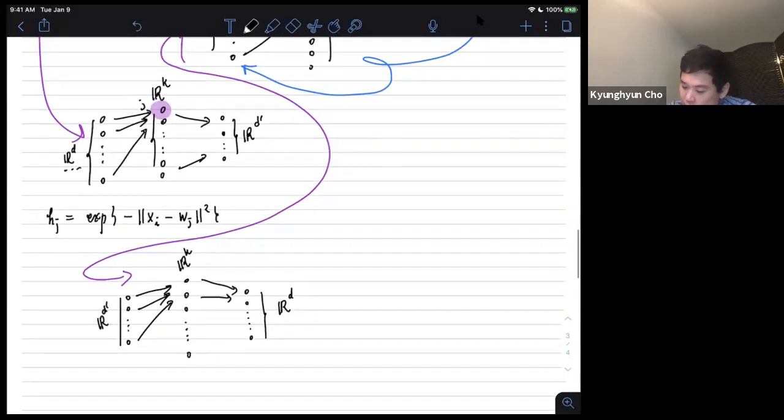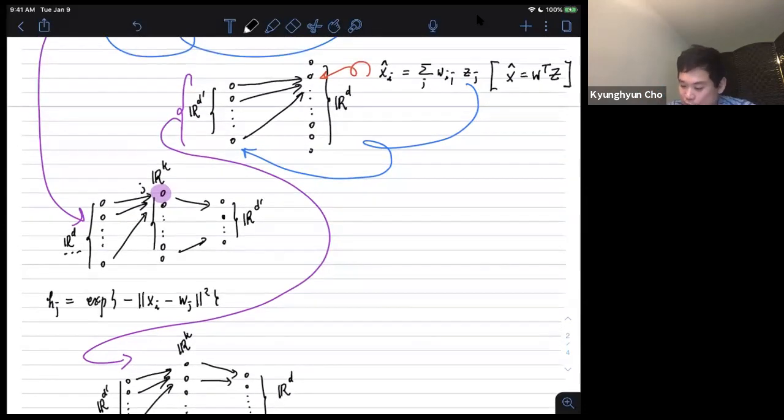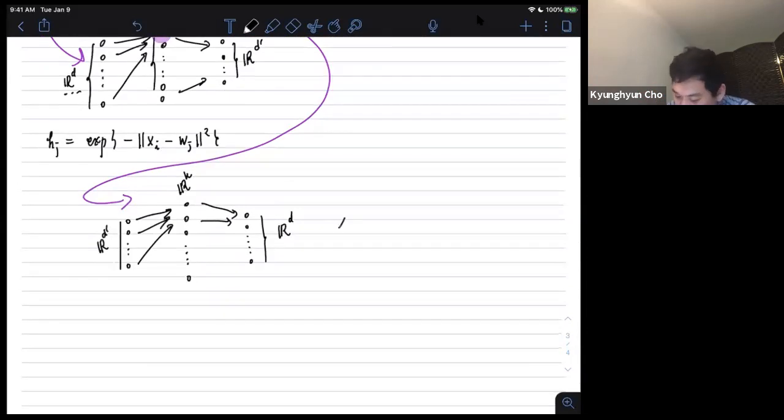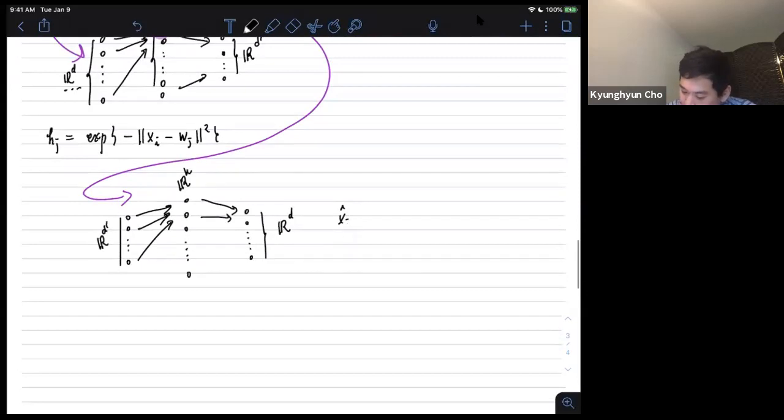Now, in order to stay as general as possible, what we're going to say is that the X hat I is still a weighted sum, but over the K dimensions.